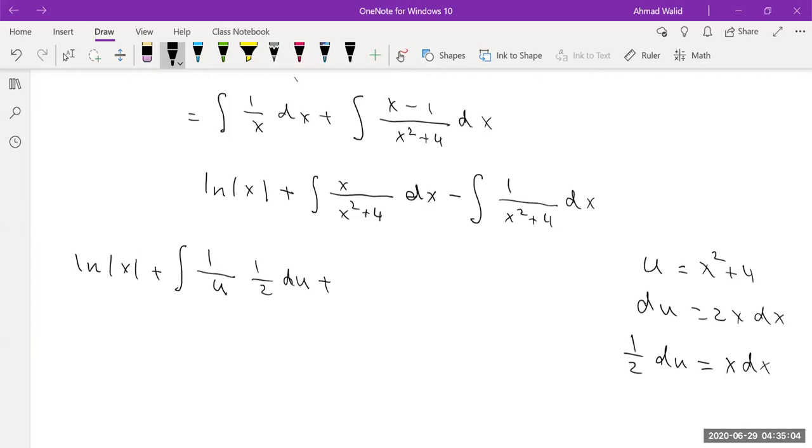This integral will be 1 over a. Your a squared is how much? 4, right? That means a is 2, so 1 over 2 inverse tan of x over a, which is x over 2, plus c.